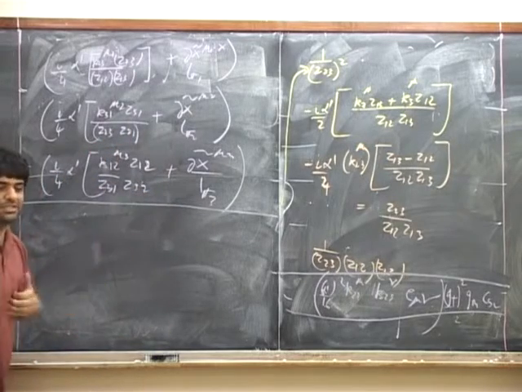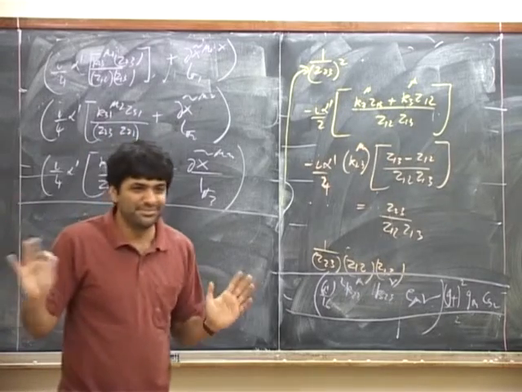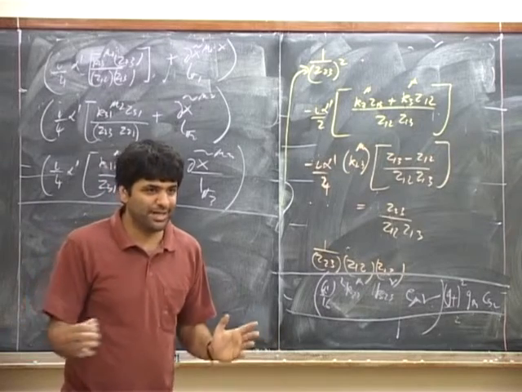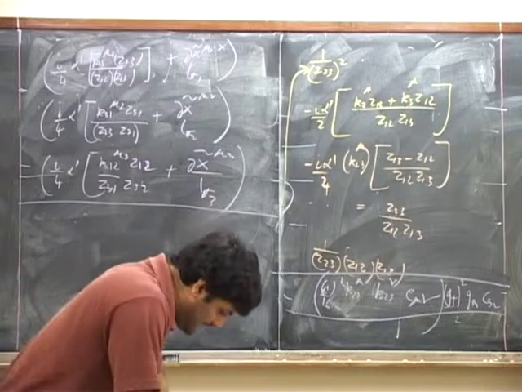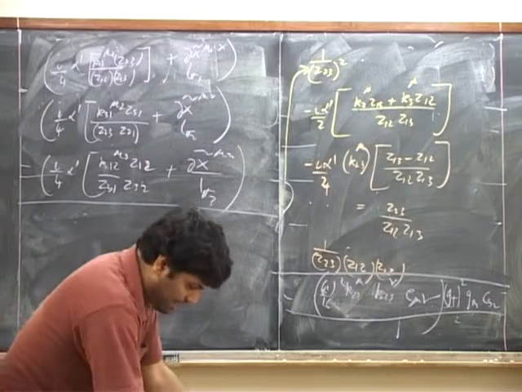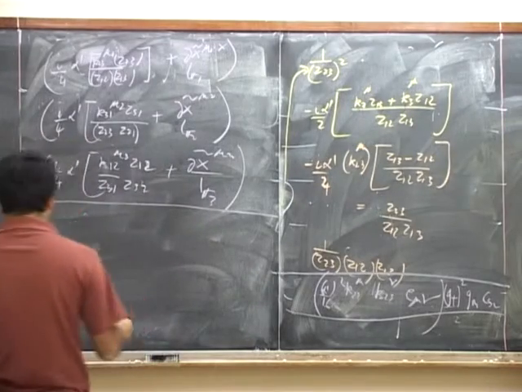Okay? So now that you've seen the structure, I'm just going to write down the answer. Is this okay? We're going to get a sum of 4 terms, both from the left and from the right. And so let's write it down the way he writes it.